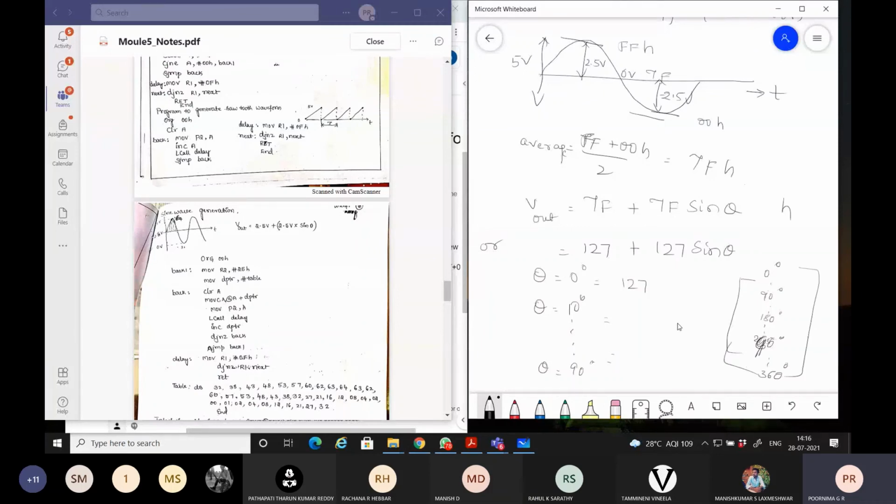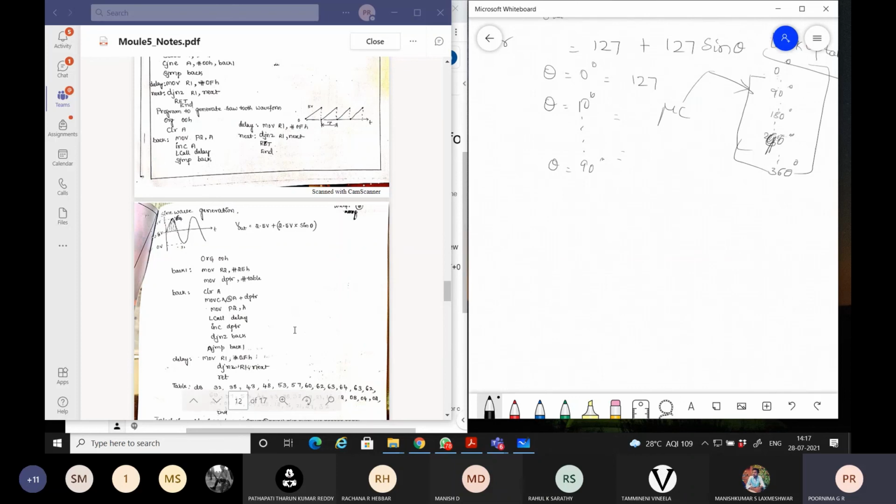Vary the angle and tabulate all the values. This table is termed a lookup table. Take this address and give it to the microcontroller so that it continuously fetches all these values which you have calculated using this formula and stored in the lookup table, and keeps on giving them to a DAC. Thereby, on the output of the DAC on the CRO, you will be able to see a sinusoidal waveform.